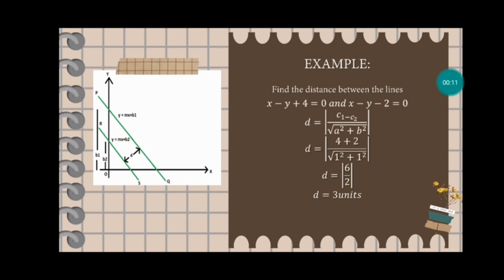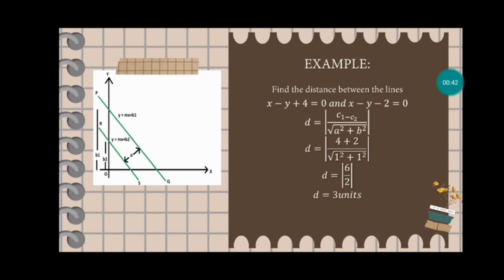So next example, find the distance between the lines x minus y plus 4 is equal to 0 and x minus y minus 2 is equal to 0. We're going to use the same formula. Distance is equal to the absolute value of c sub 1 minus c sub 2 over the square root of a squared plus b squared. So we're going to substitute it since the c sub 1 is equal to 4. 4 plus 2 over the square root of 1 squared plus 1 squared.